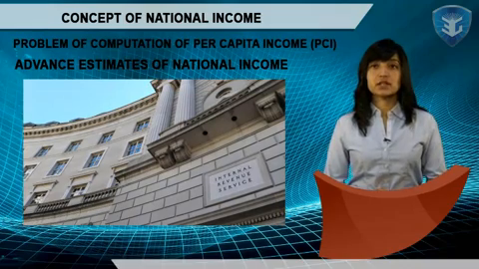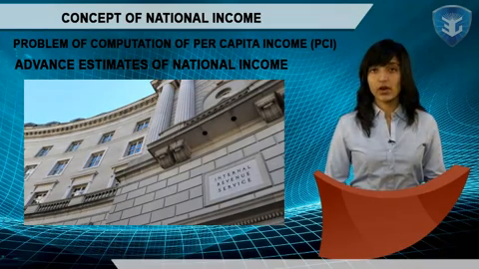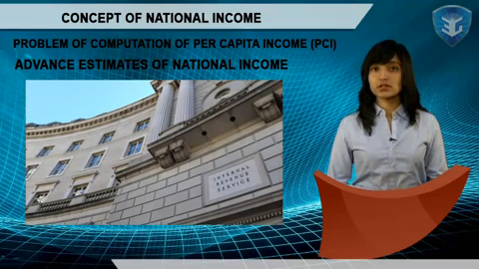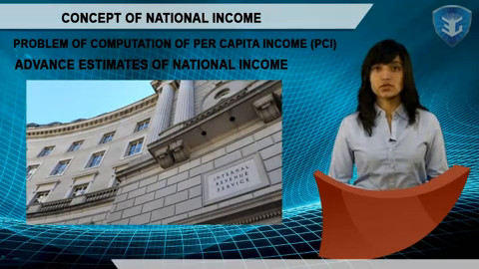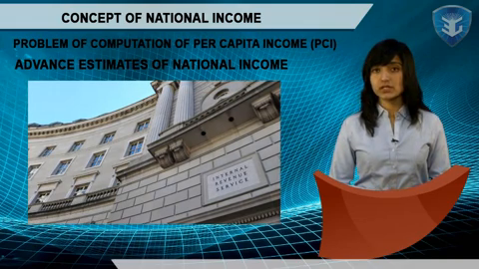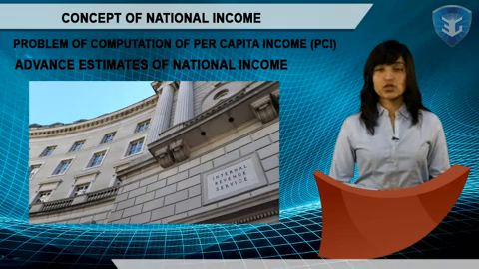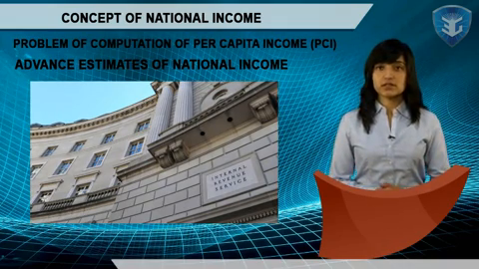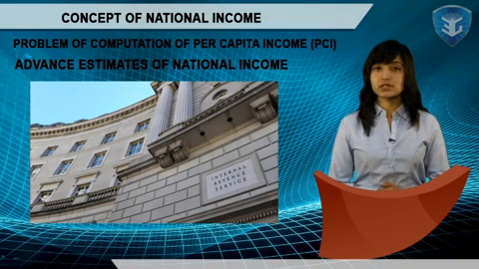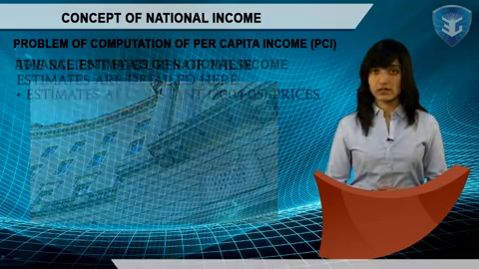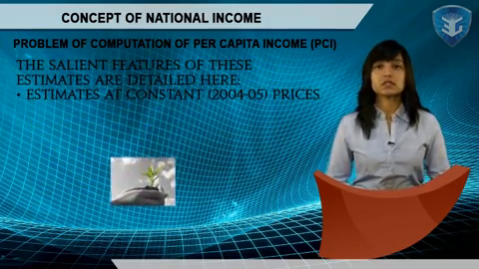These advanced estimates are based on anticipated level of agricultural and industrial production, analysis of budget estimates of government expenditure and performance of key sectors like railways, transport other than railways, communication, banking, and insurance available so far. The advanced estimates at current prices are derived by estimating the implicit price deflators (IPDs) at sectoral level from the relevant price indices. The salient features of these estimates are detailed here.